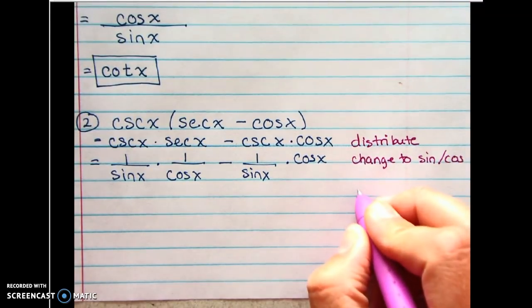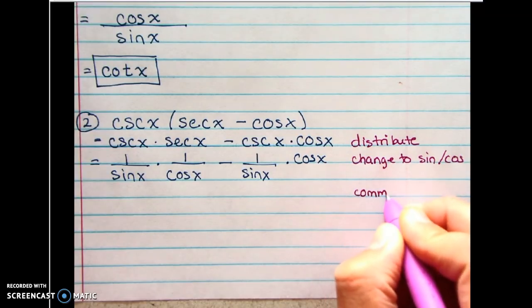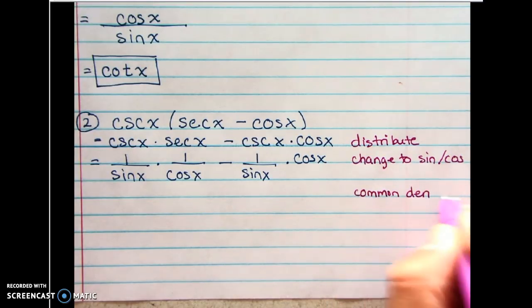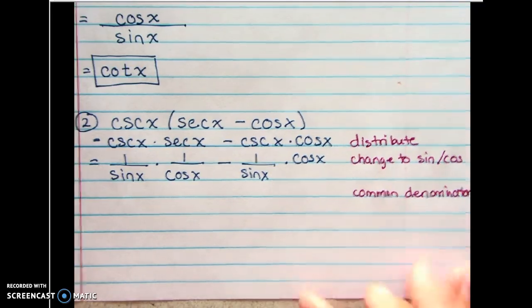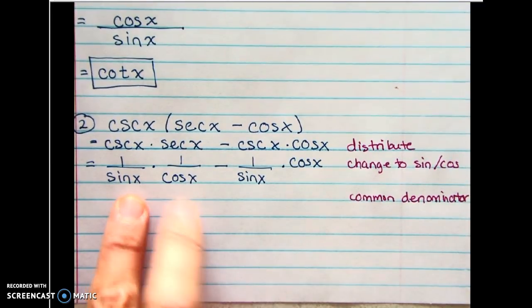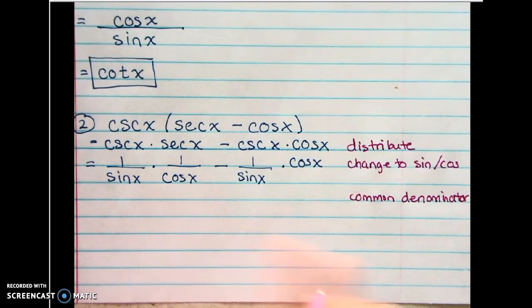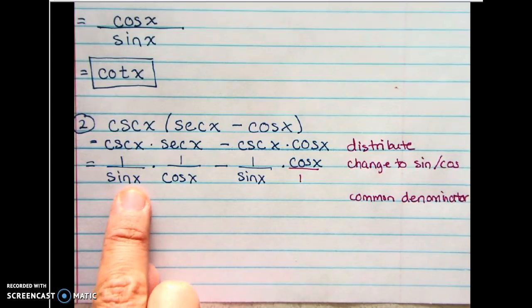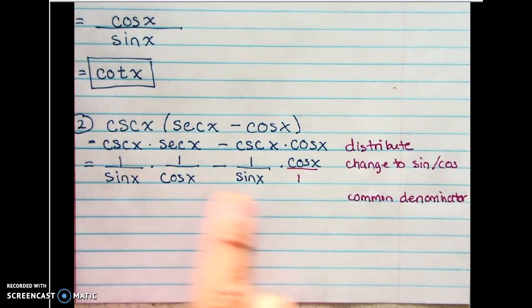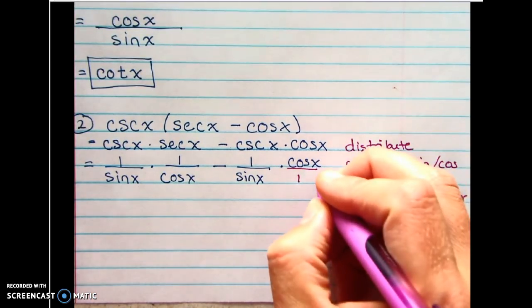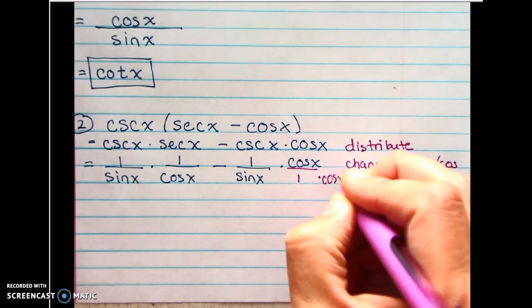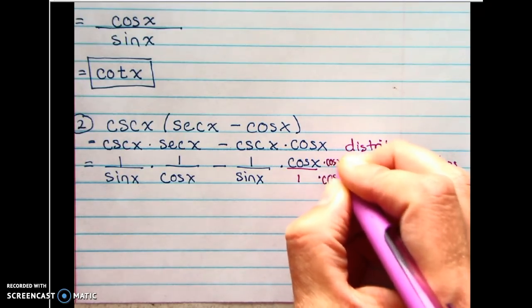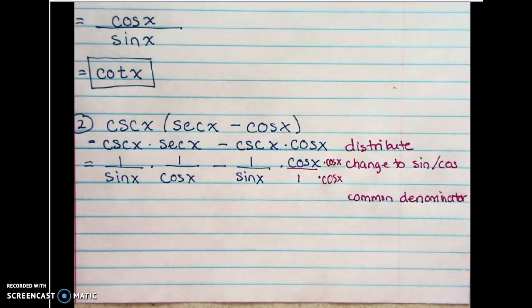So in order to combine the fraction, we have to have a common denominator. I made it fit. Awesome. This denominator has sine times cosine, but this denominator only has sine. So what does it need to look like this one? It needs a cosine. So how do we do a cosine? Multiply top and bottom by cosine. Sorry if that didn't fit on yours.